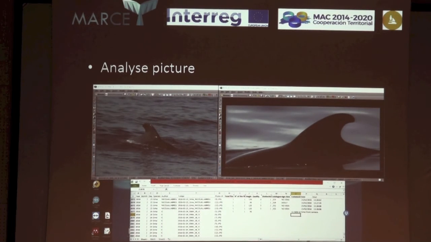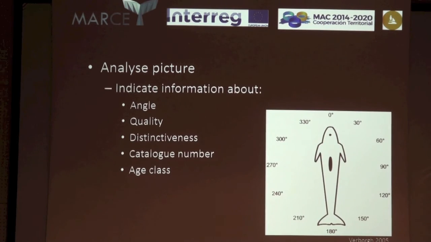The type of information you want to know is the angle, so from where you took the pictures, to know if you're really perpendicular to the dorsal fin, or if you're a bit behind or a bit in front. The quality of the picture of the dorsal fin, so if it's really high quality, well focused, well lit, and when you zoom in, you have enough definition to see tiny details.